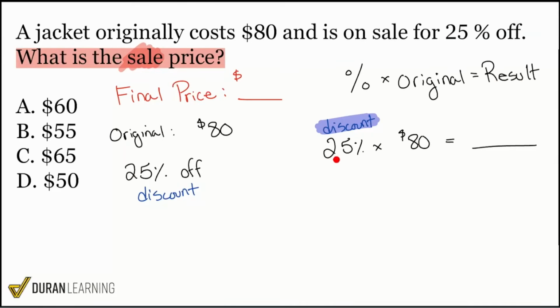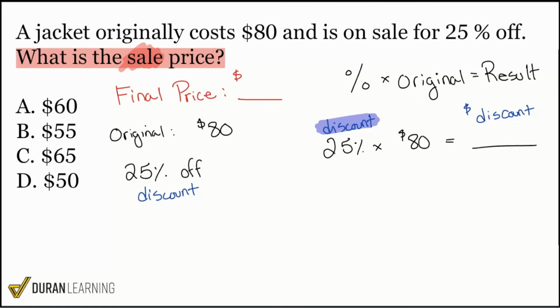So for those of us thinking that it's the final price, it can't be. It cannot be true. Because remember, the percent that you apply is the result that you get. In this specific circumstance, if we set it up like this, we would get the amount of the discount.